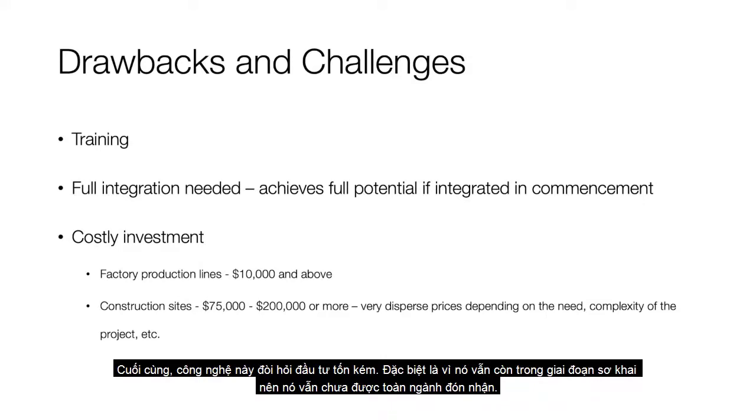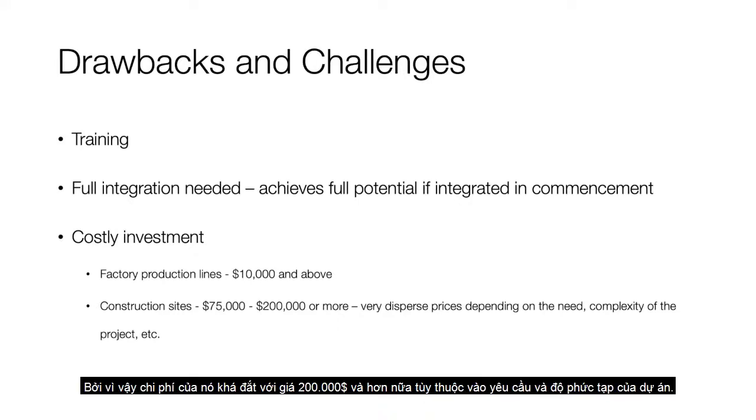And again, this requires a costly investment, especially since it's not yet mature and very few projects are utilizing it. So it's still not being embraced fully by a lot of construction industry leaders. That's why it's still expensive. It would cost you around $200,000 or more. And of course, it depends on the size and the complexity of the project.